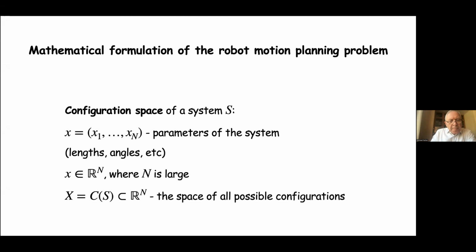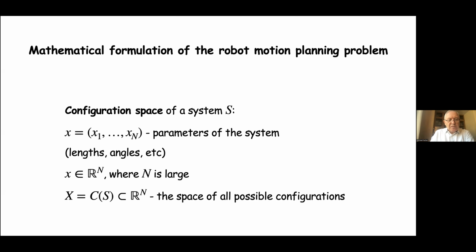So mathematically, if you model a system or a machine, typically you can assume that there are finitely many parameters of the system which determine its state. It may be some measurements, some angles, some distances. And if you put all these parameters in one vector, this will be a point in some Euclidean space.